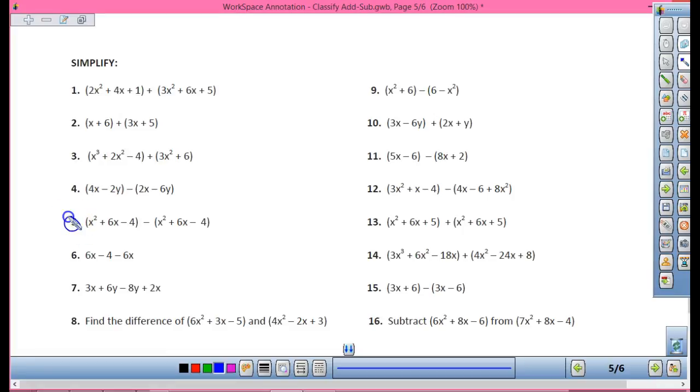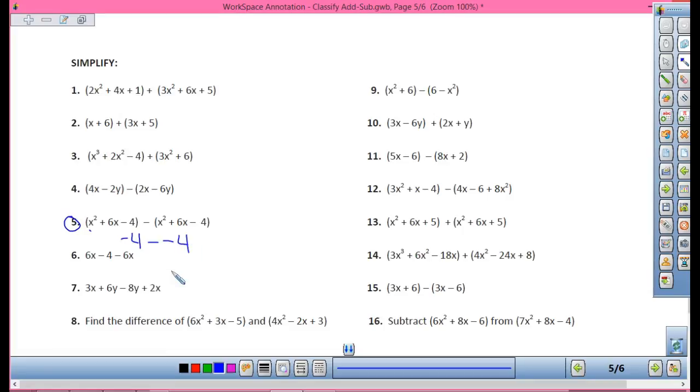All right, so what am I starting with? x squared minus x squared. What's it give us? Doesn't give us anything. Yep, 0. 6x minus 6x, 0. And negative 4, this is where you have to be careful because it's negative 4 minus negative 4.